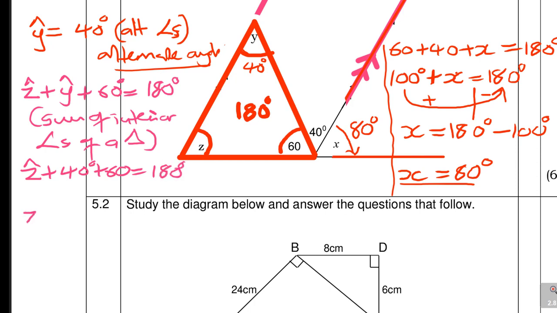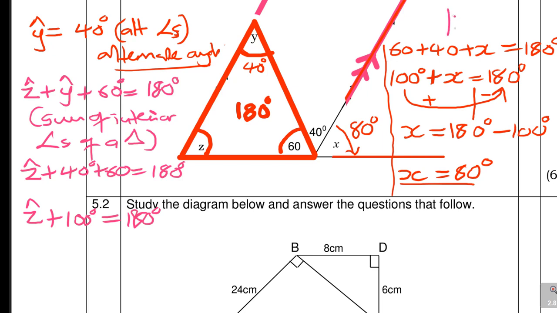Now Z is equal to 40 plus 60 is 100 degrees. So not equal to, it's plus. Sorry about that. There is a plus here. Z plus 100 is equal to 180 degrees. Do you see that? It almost looks similar to what we did, 60 plus 40.